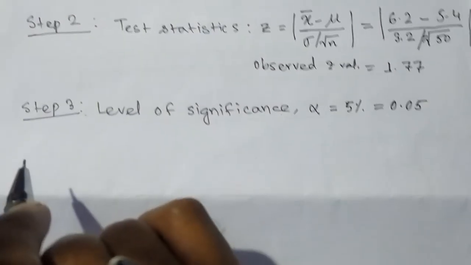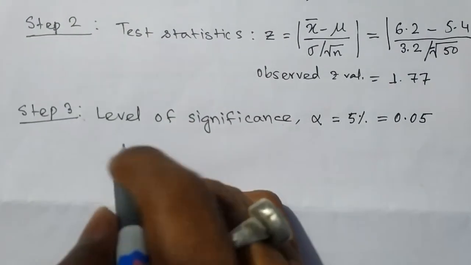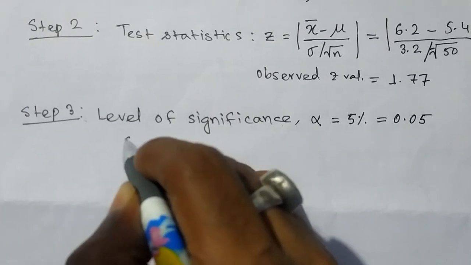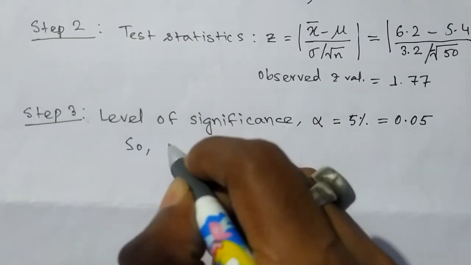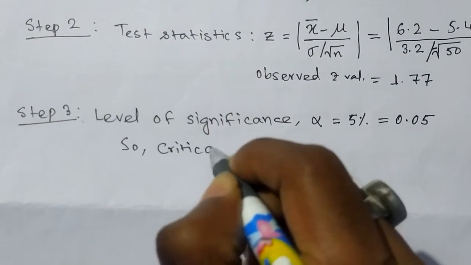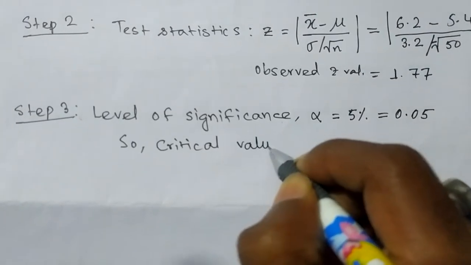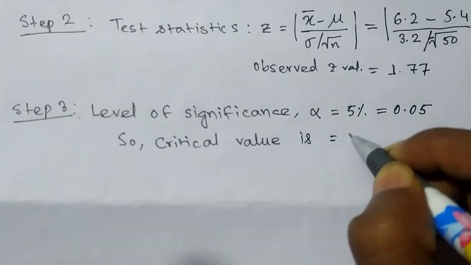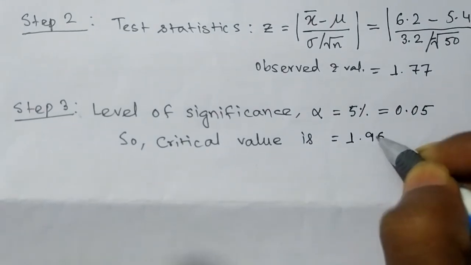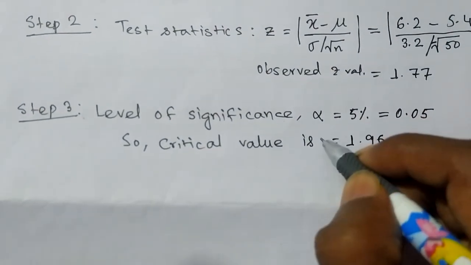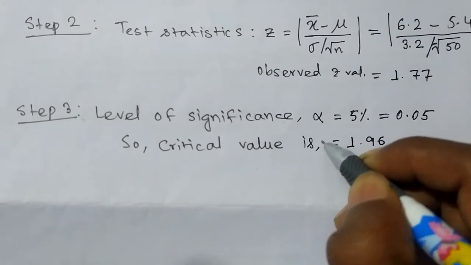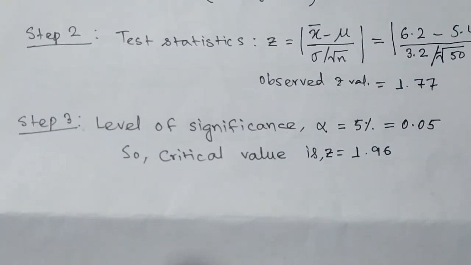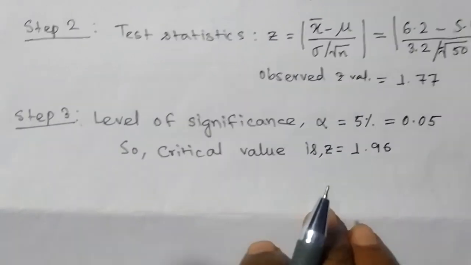So from the table that we have seen, we can find the critical value. The critical value is Z equal to 1.96. That is the critical value of Z.